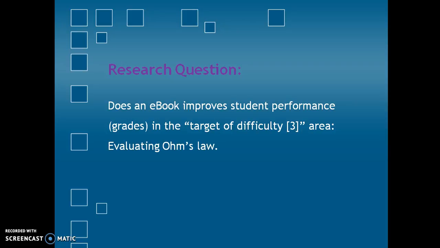In other words, you don't want to implement technology, or you don't want to do research in an area where students perform very well. No, the target of difficulty is the area where students perform low in a specific subject. In our case, our target of difficulty is when students evaluate Ohm's law. They don't perform as they're expected.